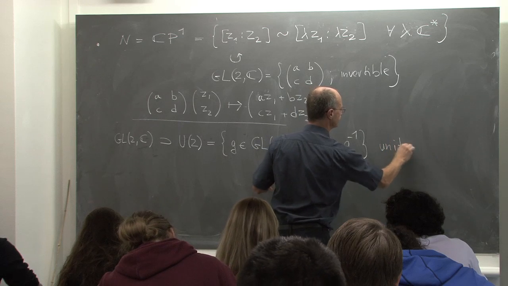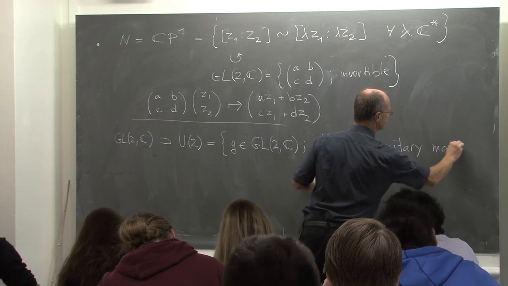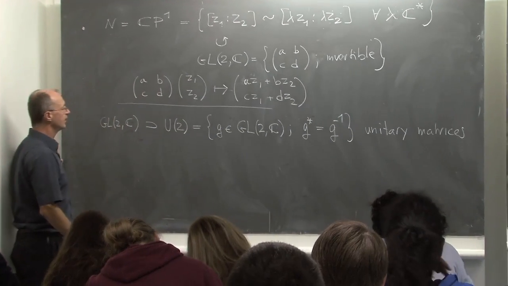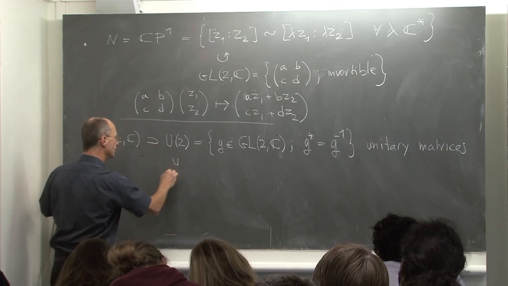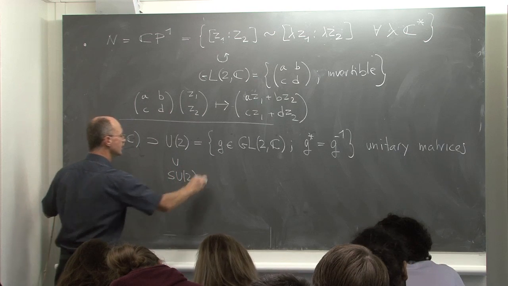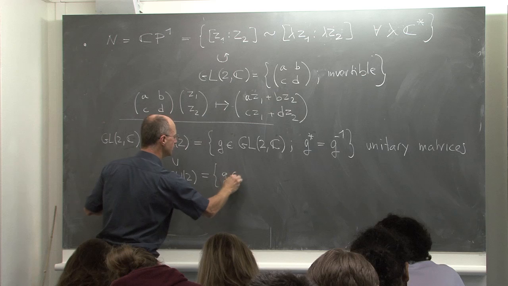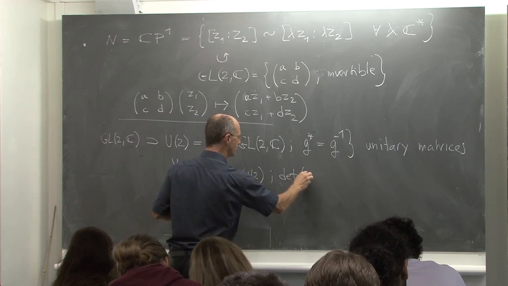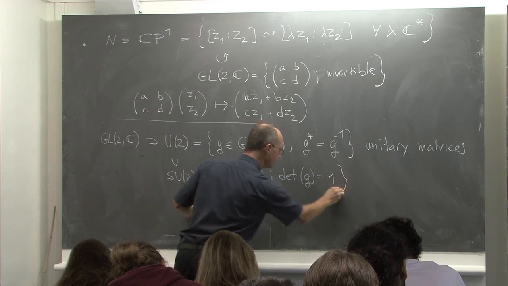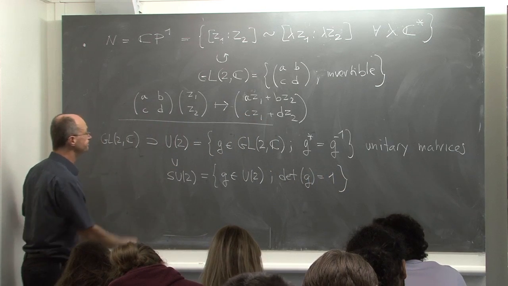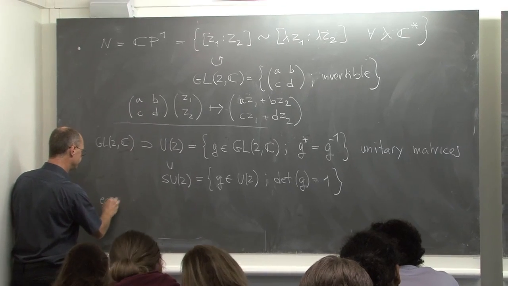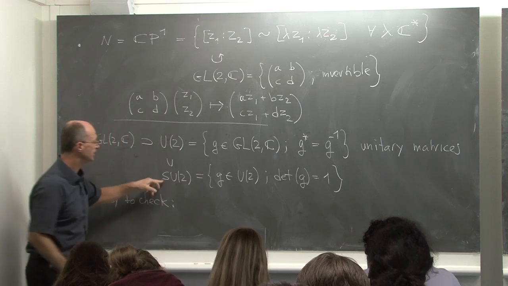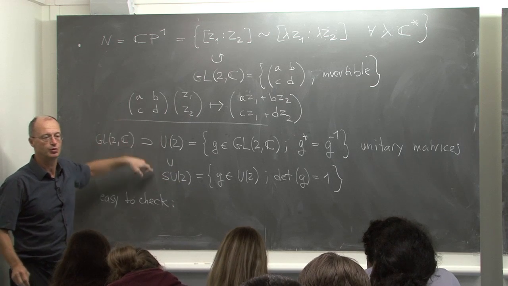So unitary matrices. And there is a subgroup SU2 of unitary matrices of determinant equal to 1. Now, it's easy to check that the action of this subgroup on CP1 is transitive.